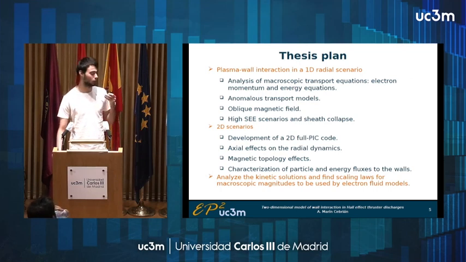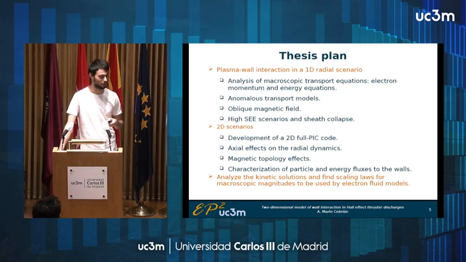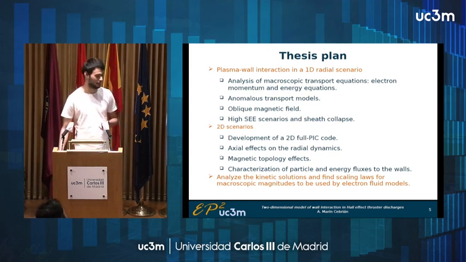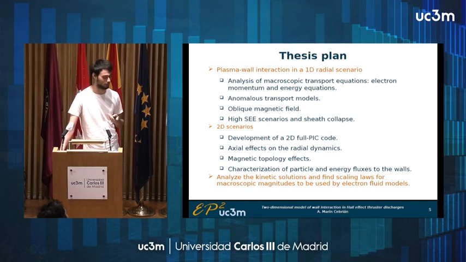We also want to analyze the effect of anomalous transport models on this plasma wall interaction, the effect of an oblique magnetic field, which is not perfectly radial, high secondary electron emission scenarios, and we also want to extend this analysis to a more complex and more realistic 2D scenario, adding some axial effects on the radial dynamics, also analyzing 2D and complex magnetic topologies, and finally characterizing the particle and energy fluxes to the wall.